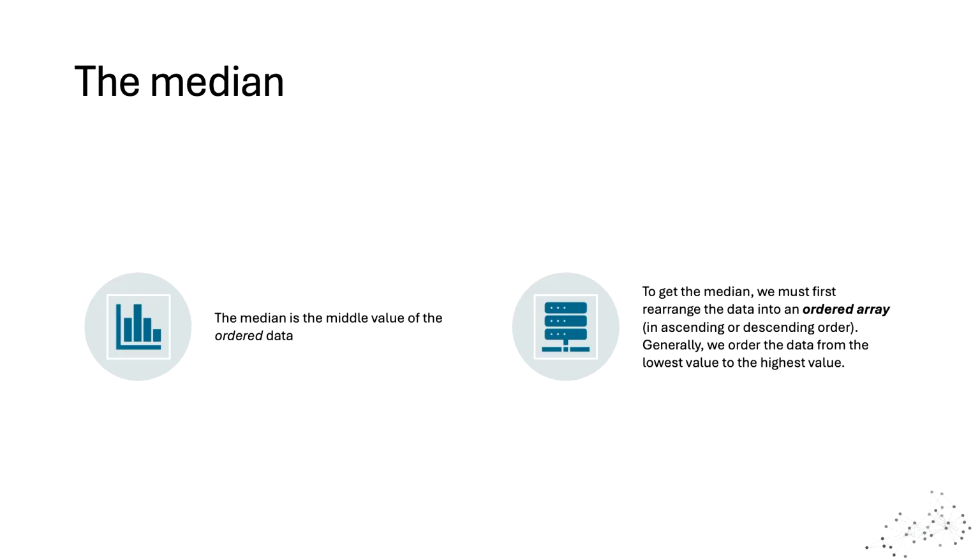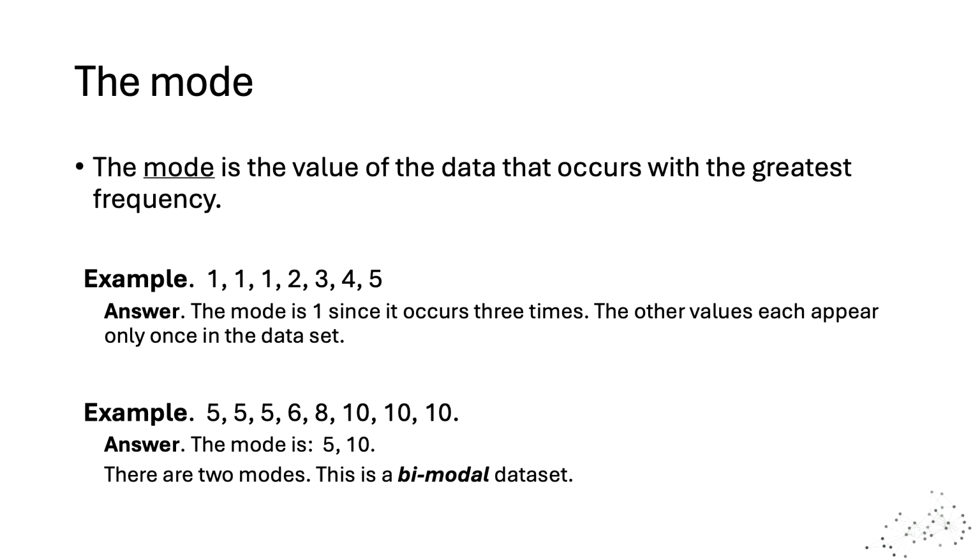And mode. Mode is an expression that describes the most frequently occurring data in our data points. For example, we are given this sequence of numbers here, and as you can see, the number 1 occurs several times in our sequence of data.